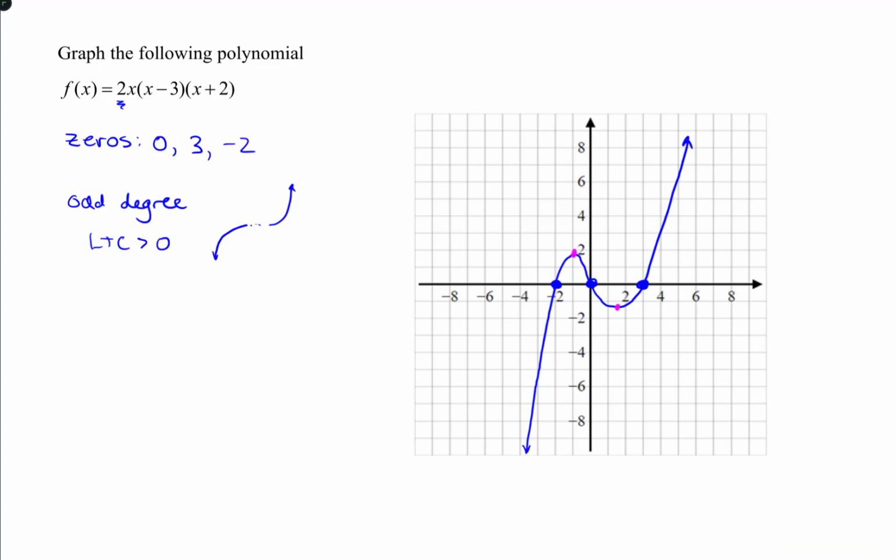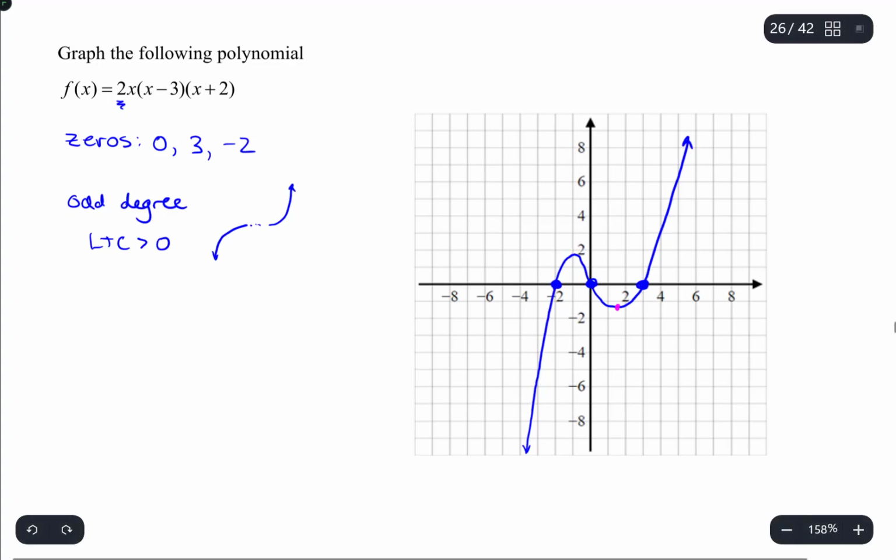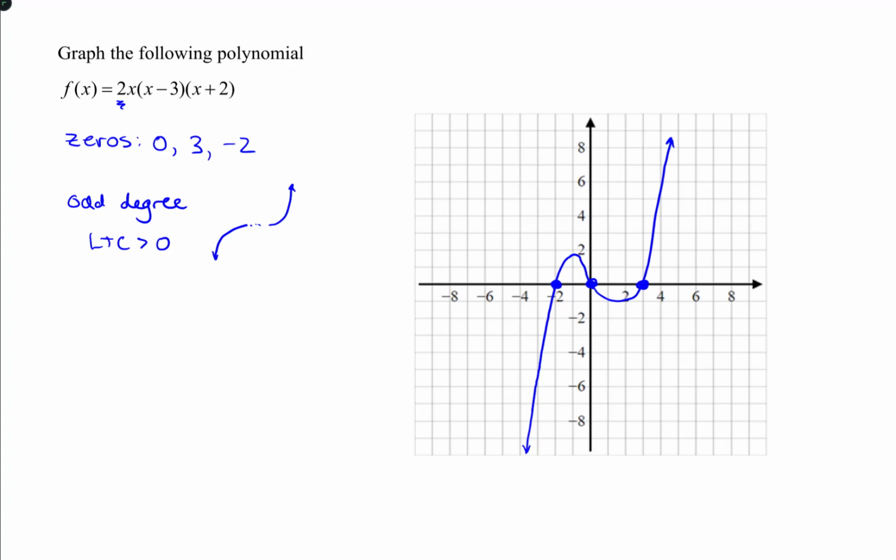I didn't really take that into consideration, and that's okay. That's not something that we're particularly concerned with at this point. You can't really determine exactly what those are until you have learned some calculus. So at this point, just simply draw the correct shape through the right zeros and you're all set.